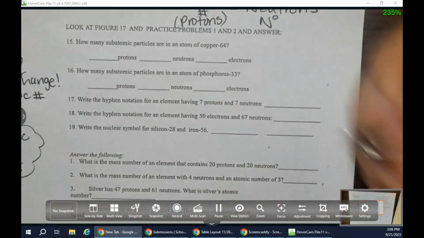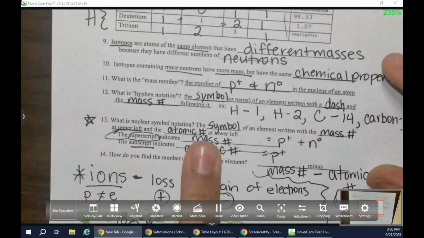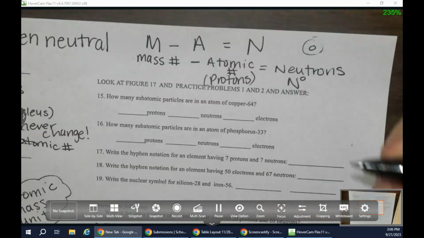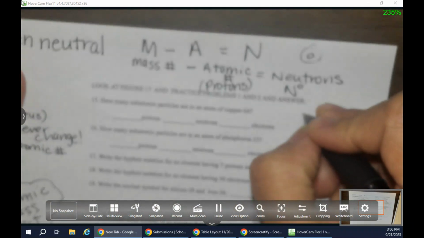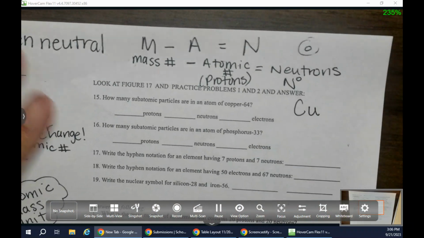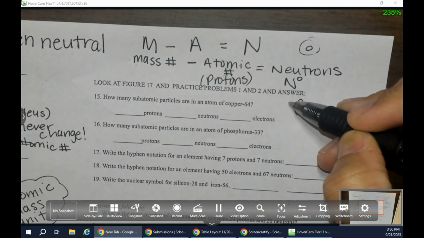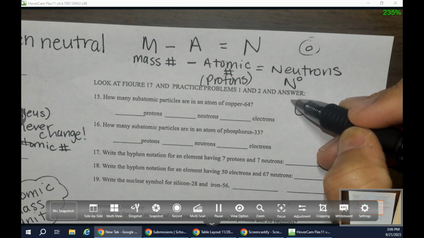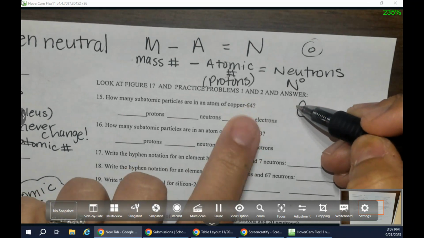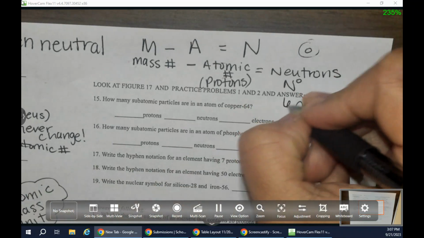All right, so first thing we need for nuclear notations, we need our chemical symbol, right? So what's the chemical symbol for copper? Cu. Okay, Cu. All right, so what goes in the top left? Not 29. I asked that one on purpose. It is going to be the 64, your mass number.